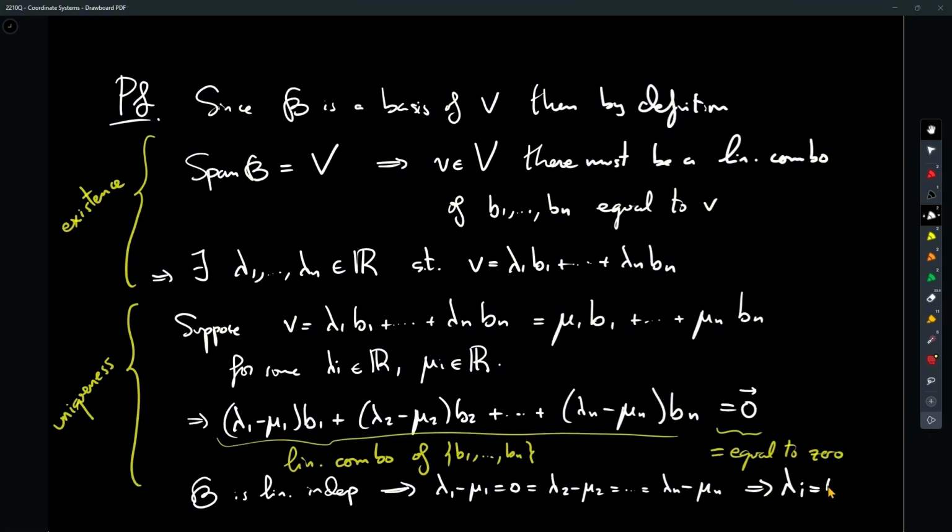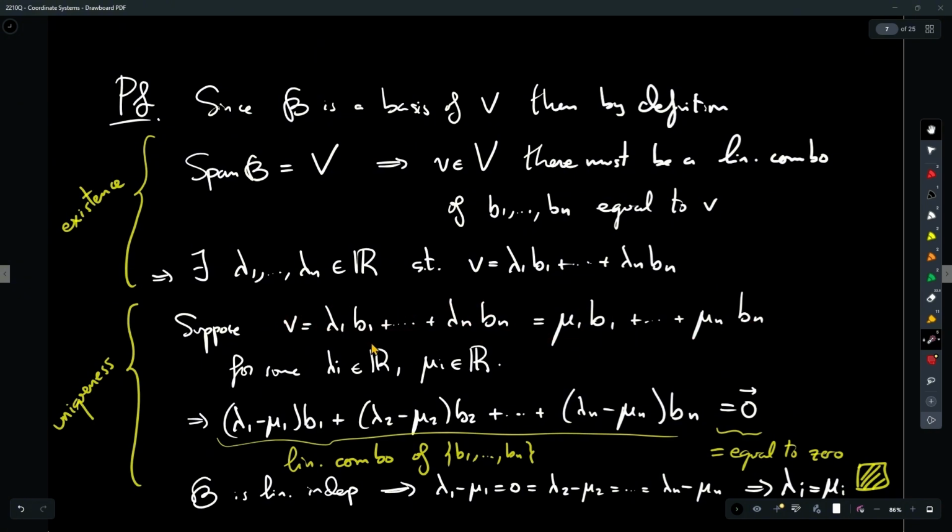So the lambda i's and the mu i's are precisely the same numbers, which is what I wanted to prove, because I wanted to show that these two expressions for v are precisely the same expression, and that's what I just proved, that every coefficient for v1 is exactly the same. So I'm going to write v as a linear combination.